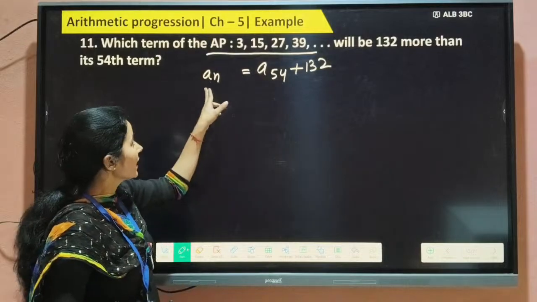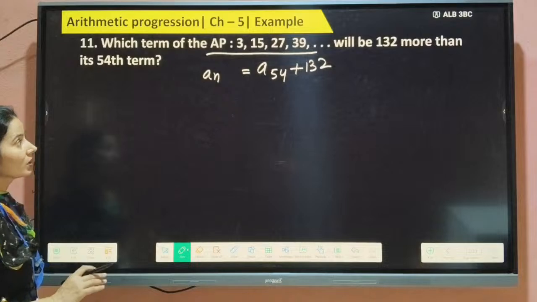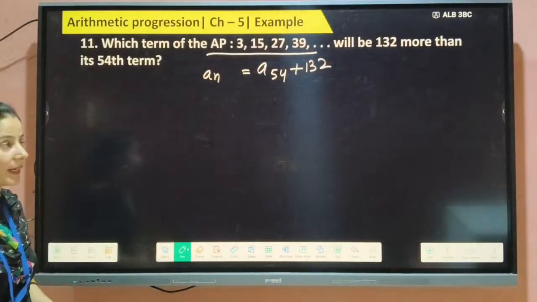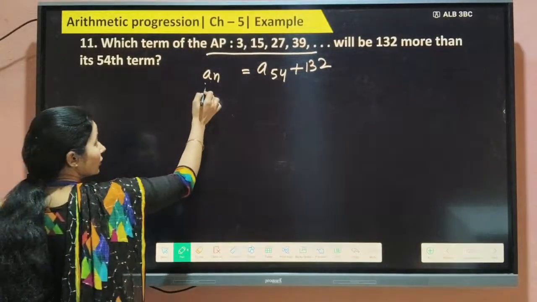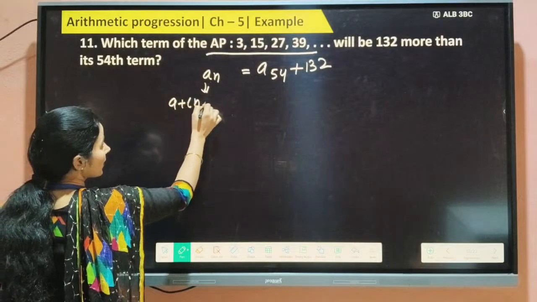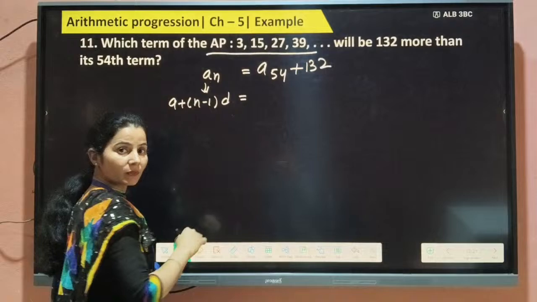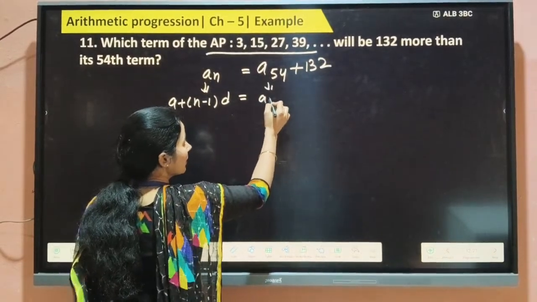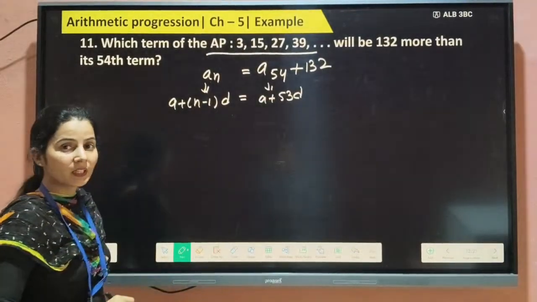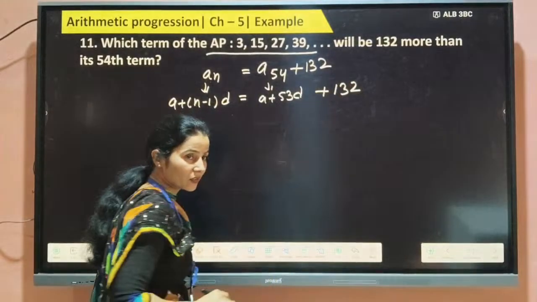So it will be An equals a plus 54th d. We need to find the value of n, which term. Now see, use the nth term formula: a plus n minus 1 into d equals the 54th term, which I can write as a plus 53d, and plus 132 as it is.